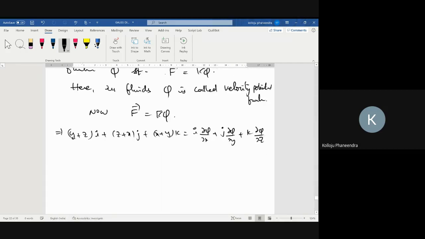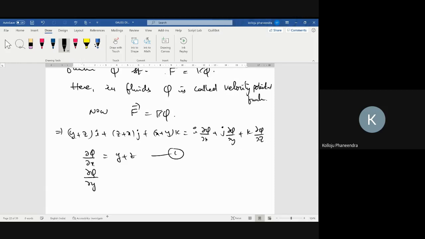So equate the i component, j component, and so on. Then dou phi by dou x is y plus z, equation 1. Dou phi by dou y is z plus x. Dou phi by dou z is x plus y.